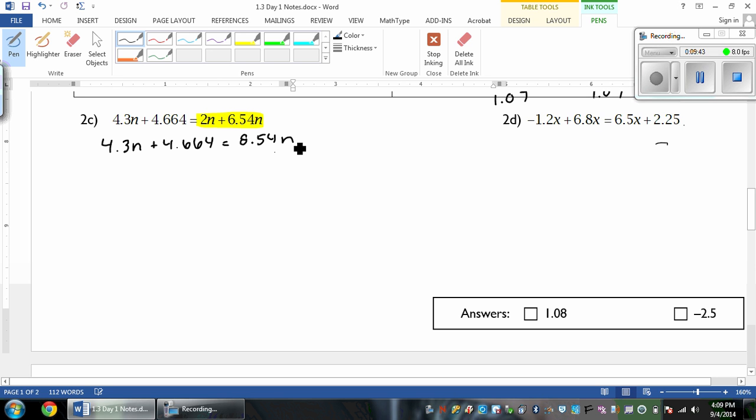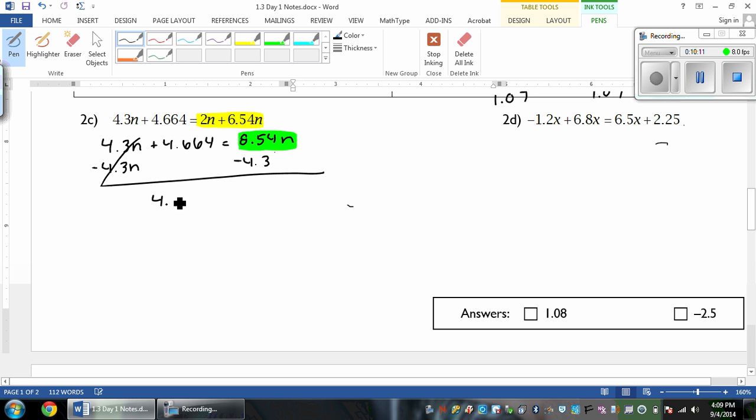8.54n. Now again, when I just have a variable on one side, I'm always going to collect my variables on the side where the variable is by itself, which here is the right-hand side. If the variable was by itself on the left, I would collect all my variables to the left. So I'm going to subtract 4.3n from both sides. This cancels out.